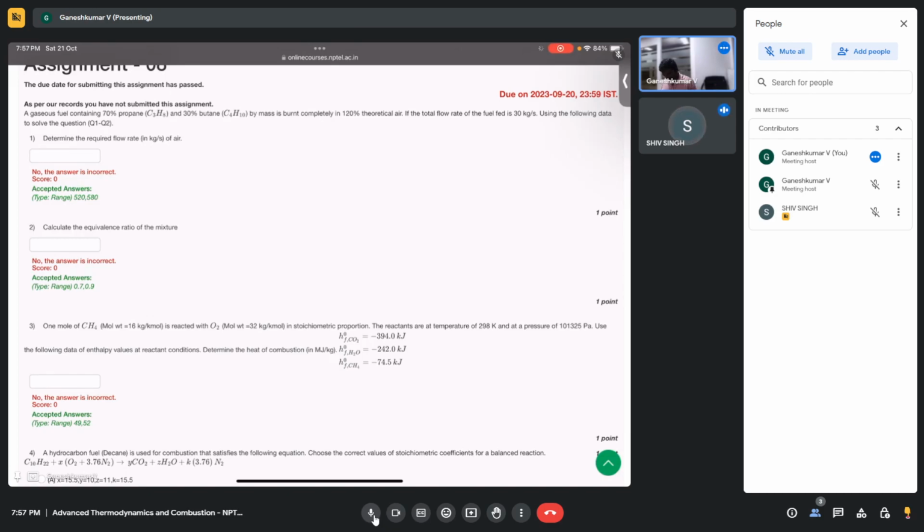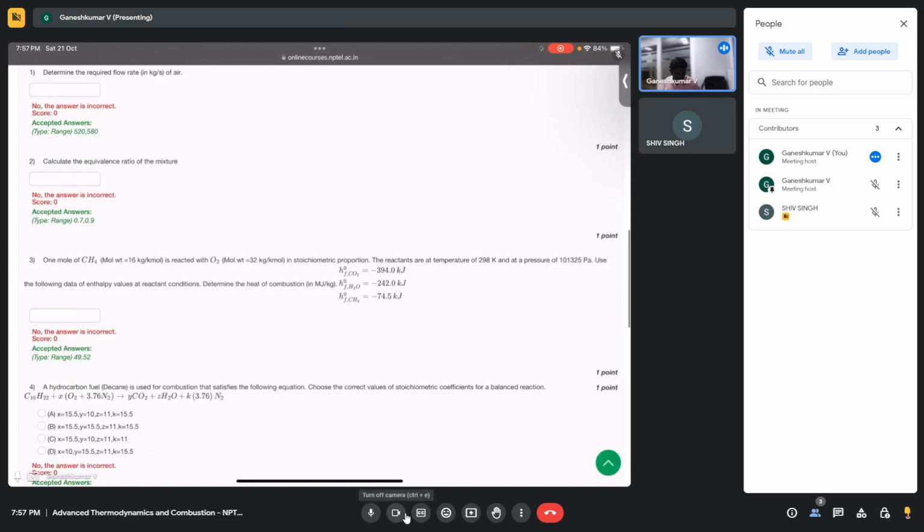Whatever you said is true. It doesn't make sense, just for negative you are not getting marks for this. But you understood the concept, right? That is what is important. I understood the combustion. Because of combustion, we got heat from the combustion. True, exactly.